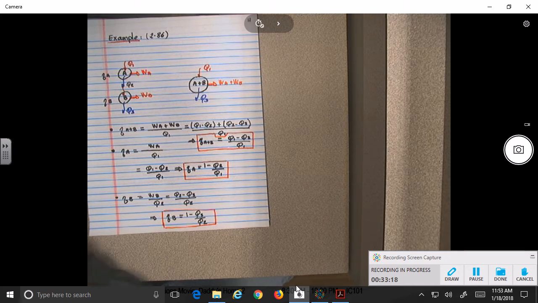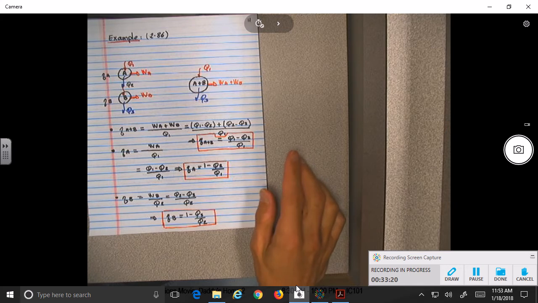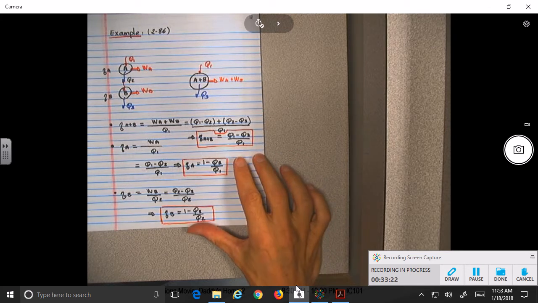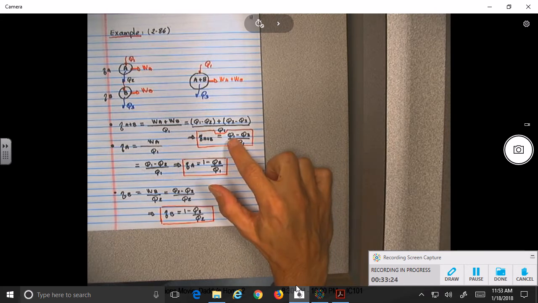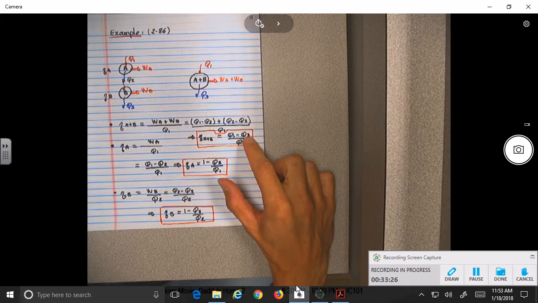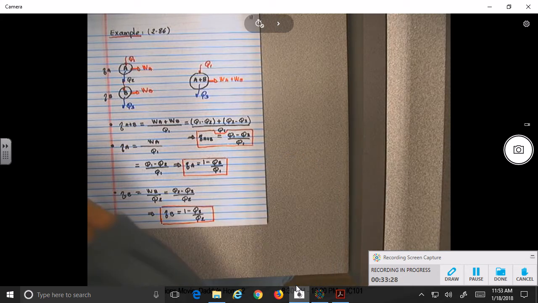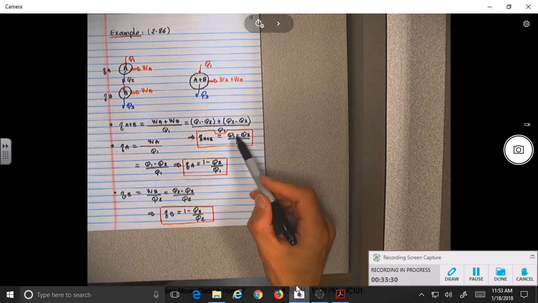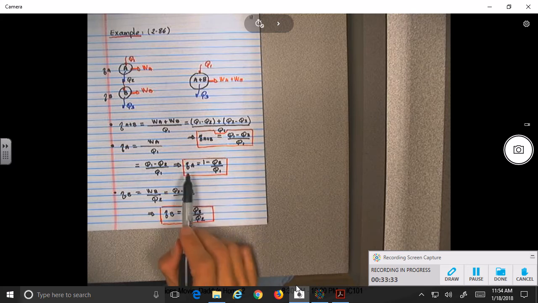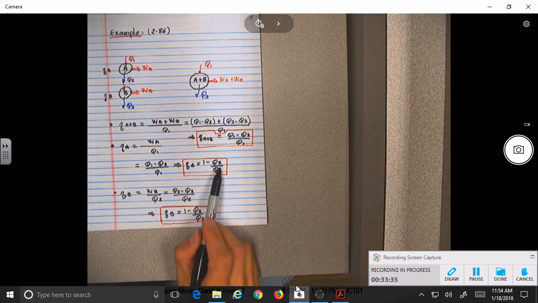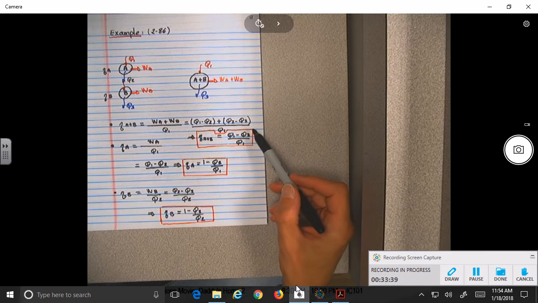All right, so I think the way to solve this problem will be to do what? What is the variable that we want to try to remove? What are the variables we have over here? Q1, Q2, no? Q1 and Q3, sorry. All right? So what can we do? We can maybe rewrite Q1 here in function of this efficiency and Q2, no? And then we can do the same thing probably with Q3.